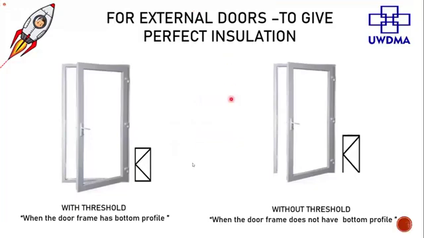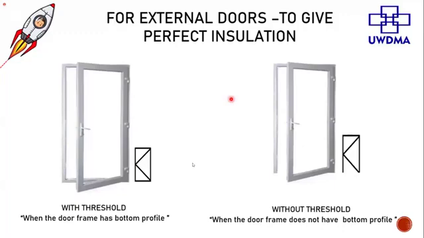Right now, don't forget, we are talking about that client only who is conscious about dustproofing and soundproofing. So now, if we are going for the fixed casement door design, if you remember, when I was telling you about casement doors, you asked me why we need a threshold.